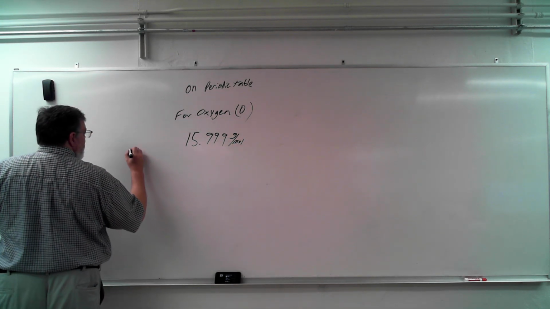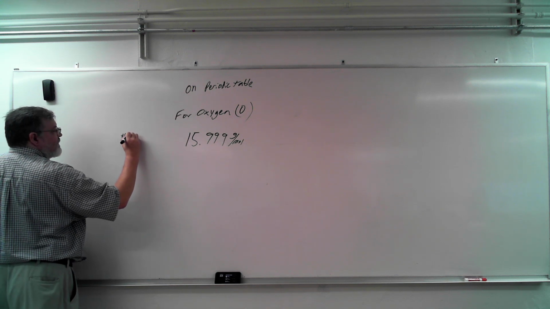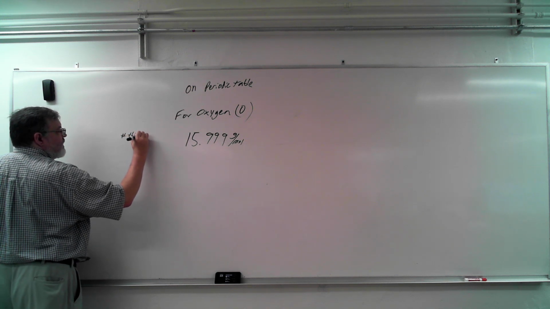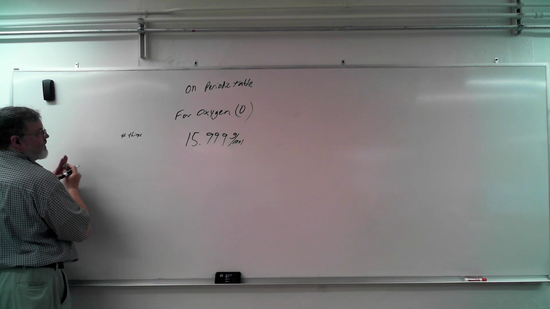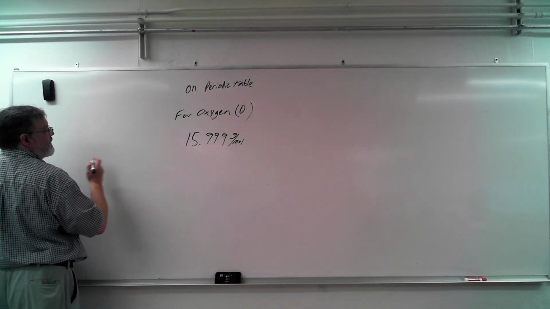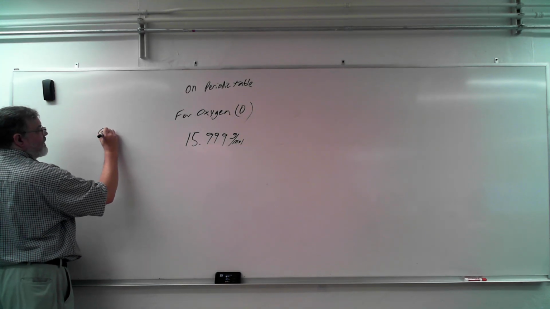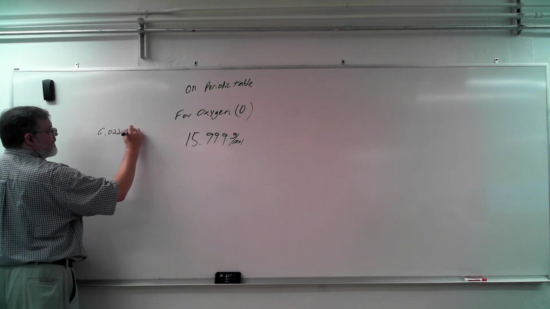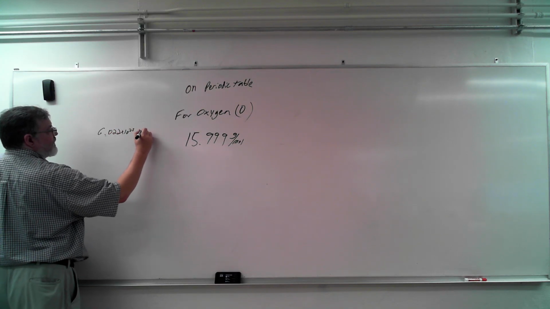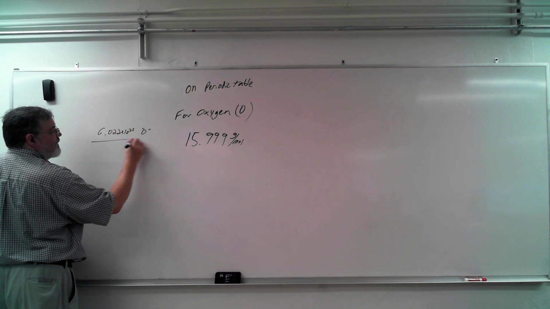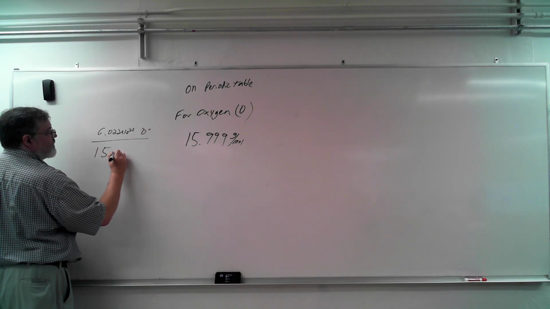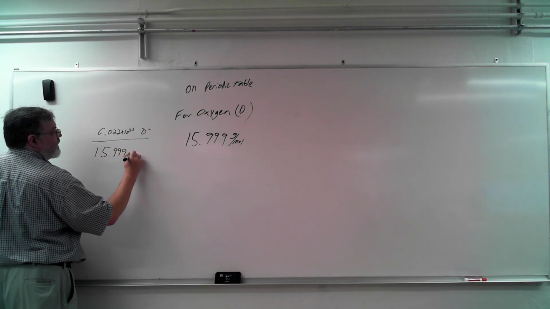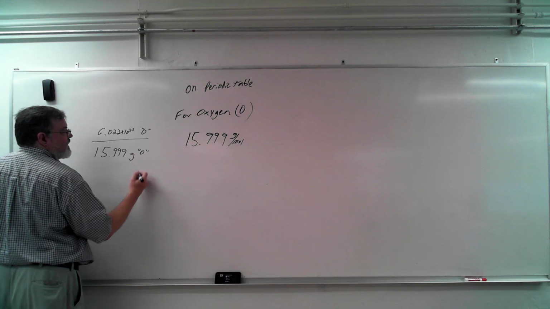You can also think of it as, I'll say number of oxygen atoms. 6.022 times 10 to the 23rd oxygen atoms is 15.999 grams of oxygen atoms.